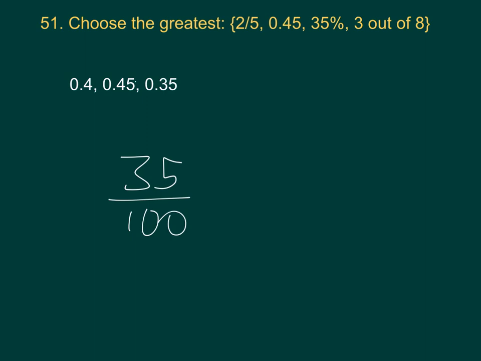51 asks us to choose the greatest number out of this set. Well, the easiest way to do this is just to plug them into a calculator to get the decimal versions. 2 divided by 5 is just 0.4. 0.45 is just 0.45. 35% is the same thing as 35 divided by 100, which we know is just 0.35.